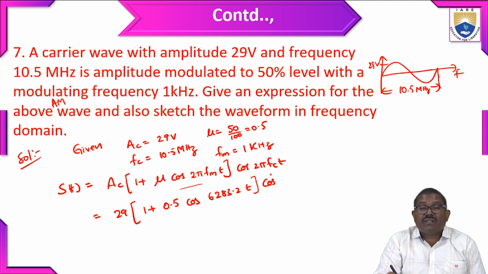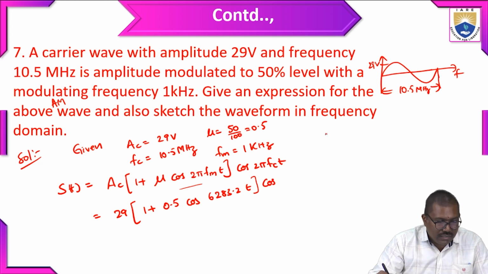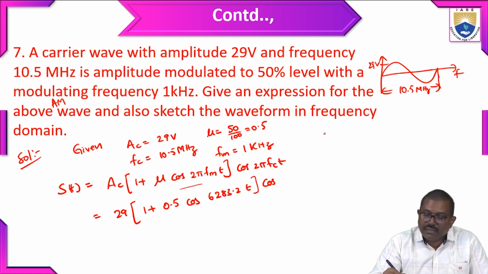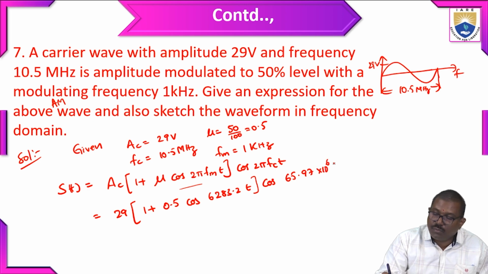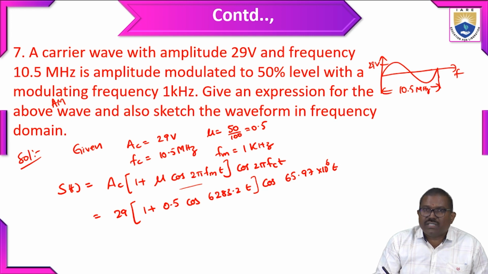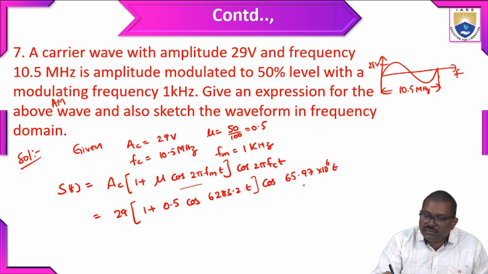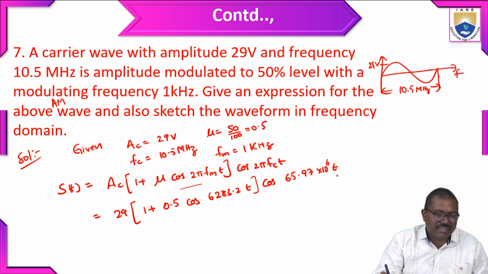So fc is 10.5 mega. Here you multiply 10.5 into 2 pi, and finally you get 65.97 into 10 power 6. Here the FC is in megahertz, so that's why it is cos 65.97 into 10 power 6 t.